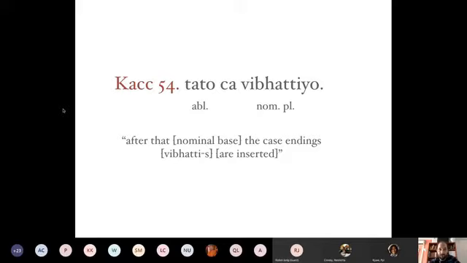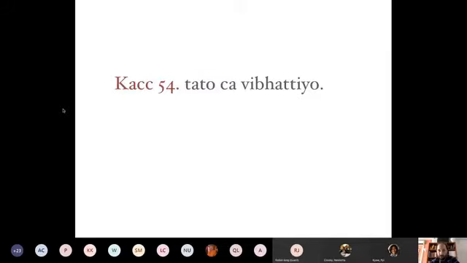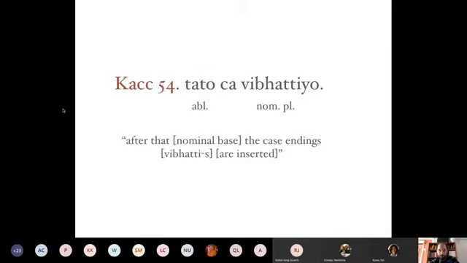So here, tato actually means lingato. After the linga, we know that from the context. And vipattiyo here is a nominative plural. And so you know from the previous rule that the ablative expresses the left context, that means after something, and the right represents the item that is going to be inserted.